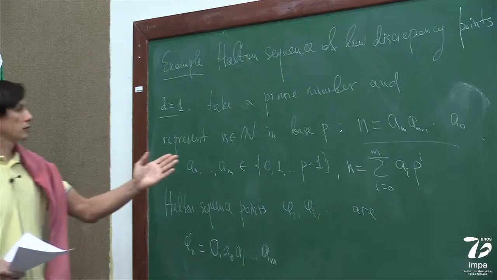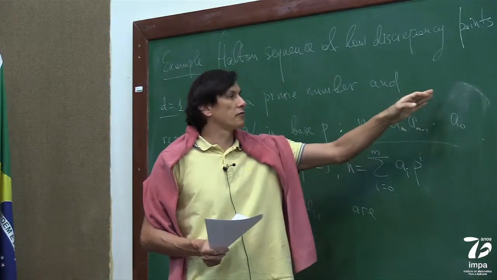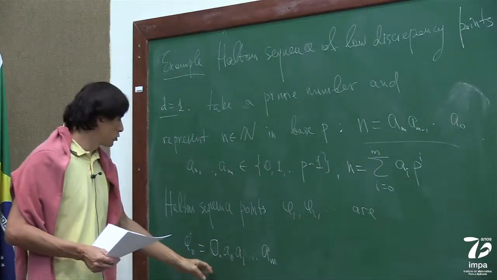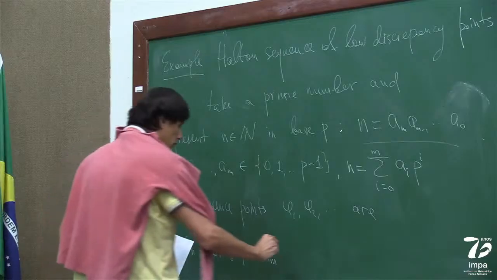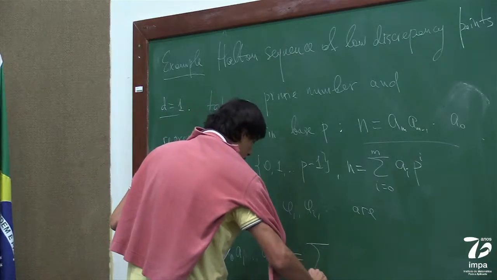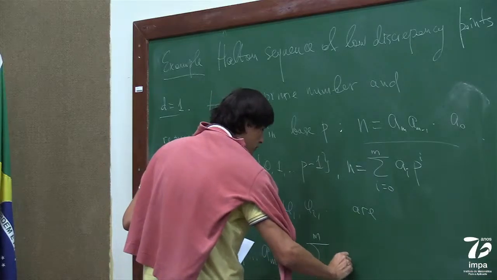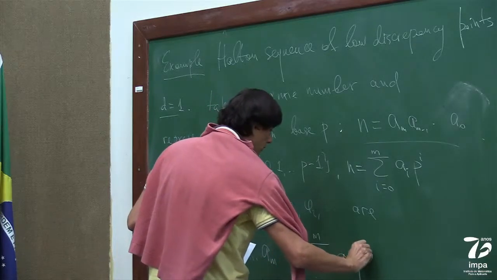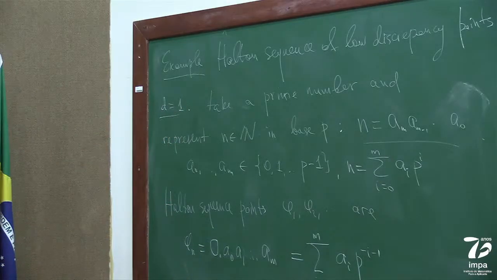For example, in decimal representation, if it was 123, this will be 0.321. So this is just a sum of the same coefficients, but with p to the power minus i minus 1. And that's it.